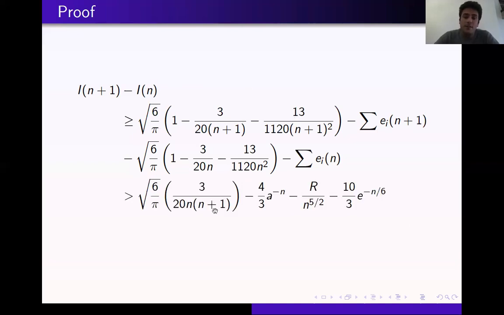Then rearranging terms, we see that the main part has this form: a non-negative coefficient divided by a term of size n squared. And then you see that the error terms are of this form: exponential errors, which go to 0 much faster than the main term, and this error term, which is of degree 1 over n to the 5 over 2, which is smaller than 1 over n squared.